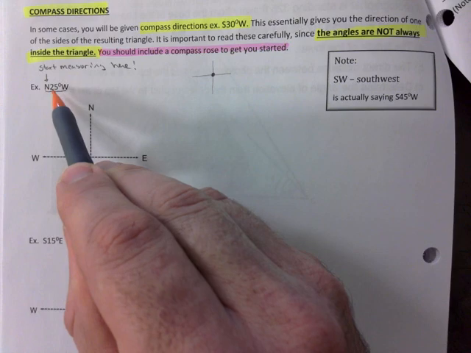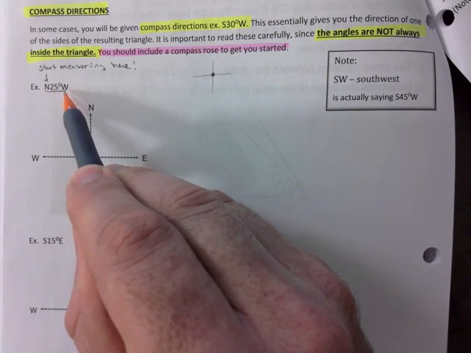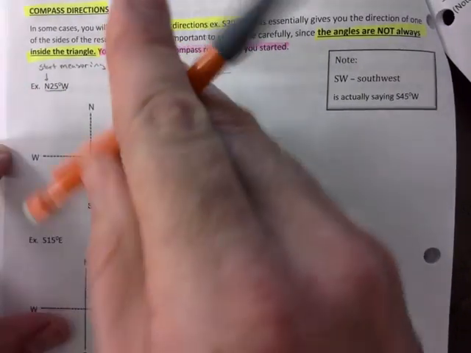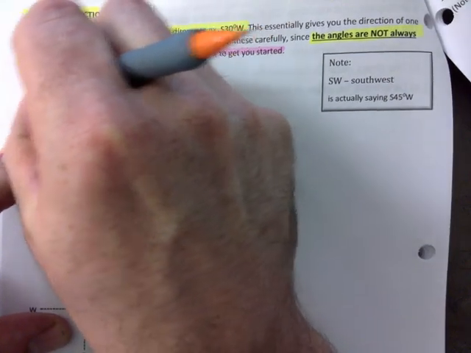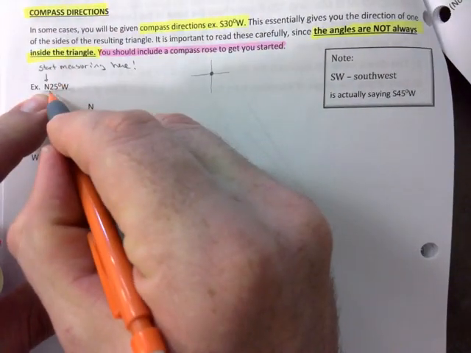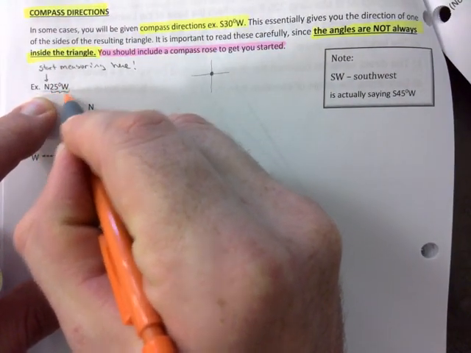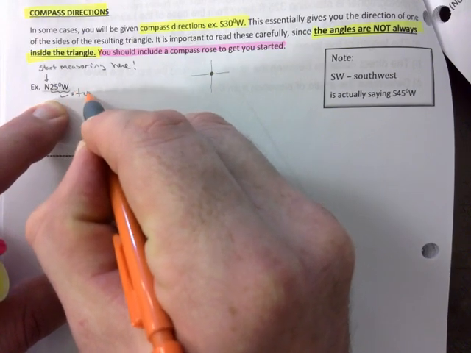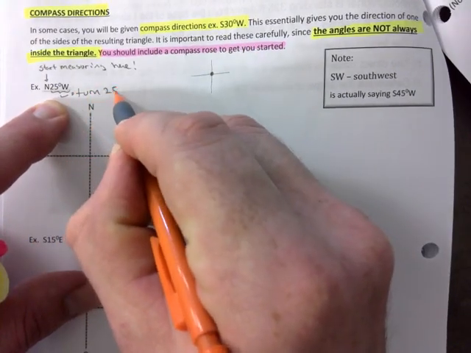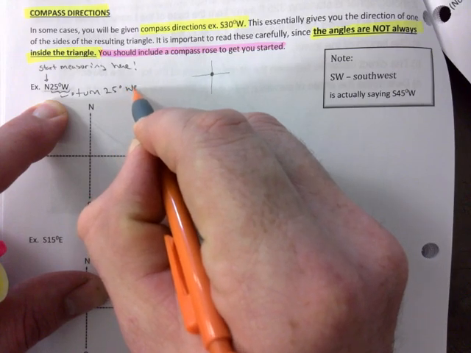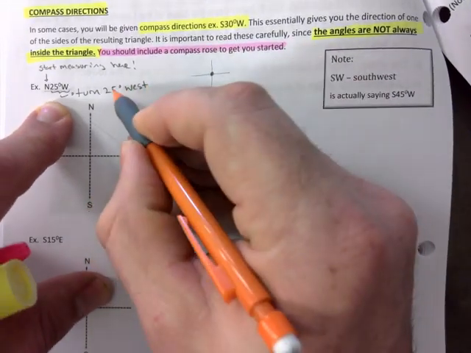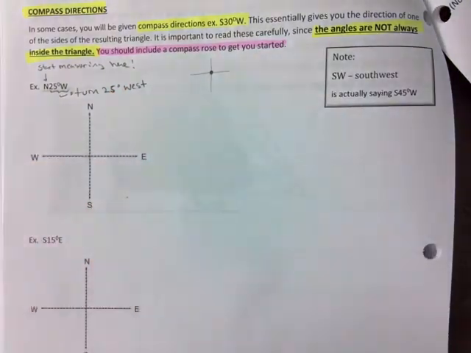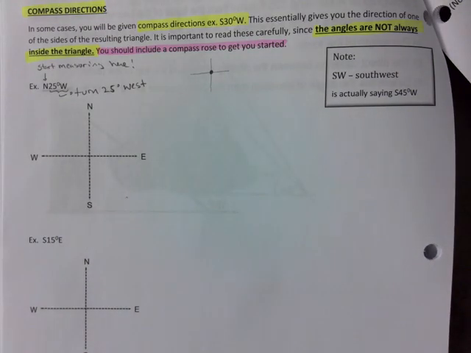And then it says you turn 25 degrees west. I'll just say start there, and then this part says turn 25 degrees west. That's how you're supposed to read it.